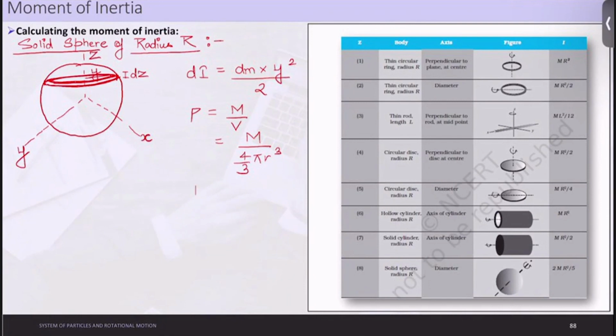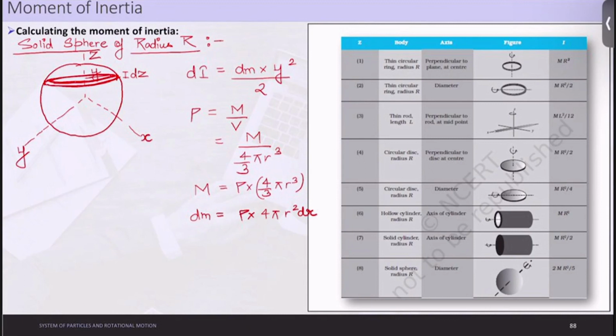What will be m here? M will be nothing but rho into 4 by 3 pi r cube, correct? So what will be dm here? Dm will be nothing but rho into 4 pi r square dr. I hope it is clear, because 3 and 3 get cancelled, so the thing which remains is 4 into pi r square dr. Right?